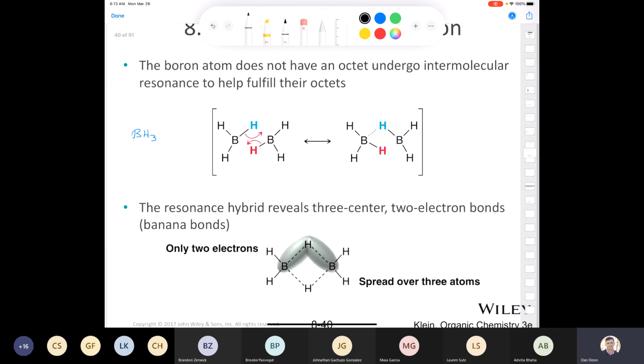So there's a dashed line that's missing here in these two resonance structures. So you end up with this here, which is again a 3-center 2-electron bond.